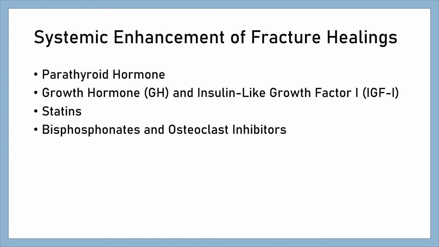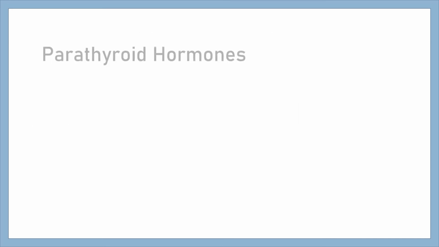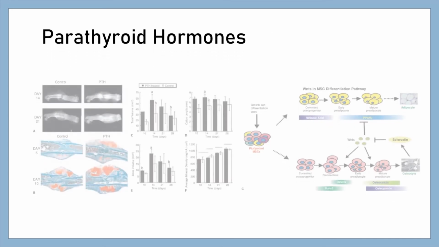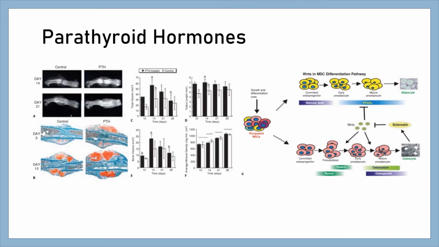Systemic enhancements of fracture healing consist of parathyroid hormone, growth hormone and insulin-like growth factor, statins, bisphosphonates, and osteoclast inhibitors. Parathyroid hormone induces fracture healing via modulation of the WNT pathway. Total callus formation and chondrogenesis induction were increased in fractures in rats treated with daily injection of PTH.